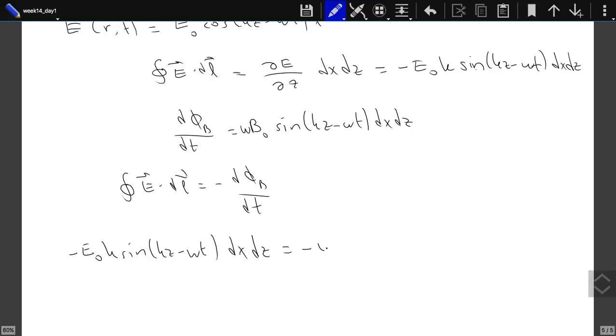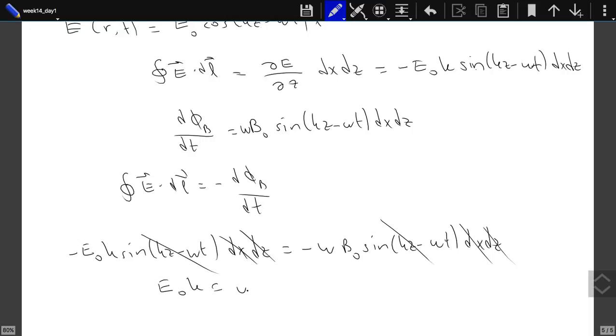This should be equal to minus omega B0 sine(kz minus omega t) dx dz. True, but I have a minus sign in the Faraday law. Okay, sine and dx dz just cancel, and we have E0 k equal to omega B0.